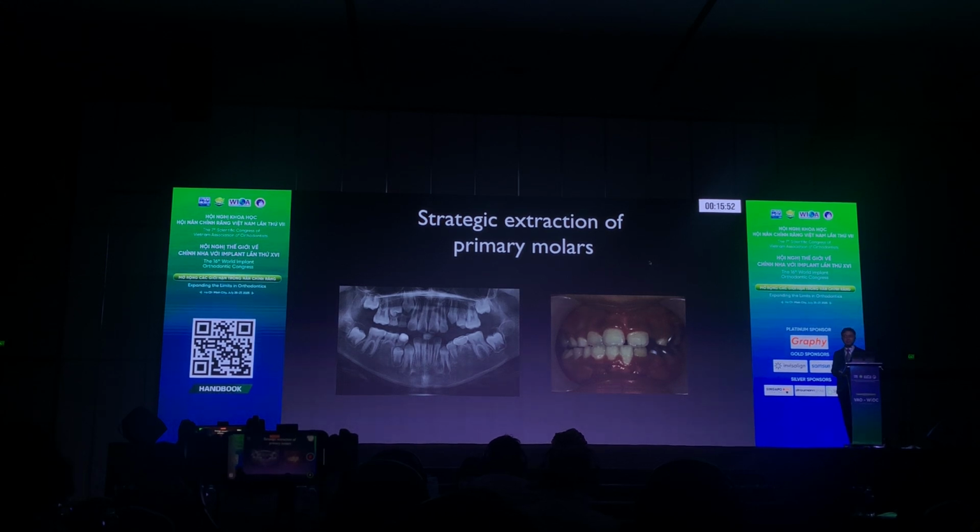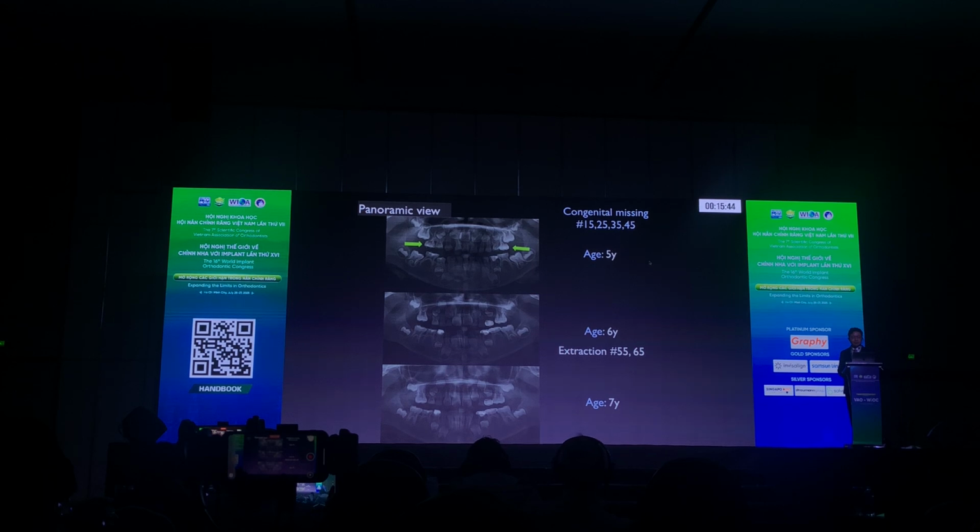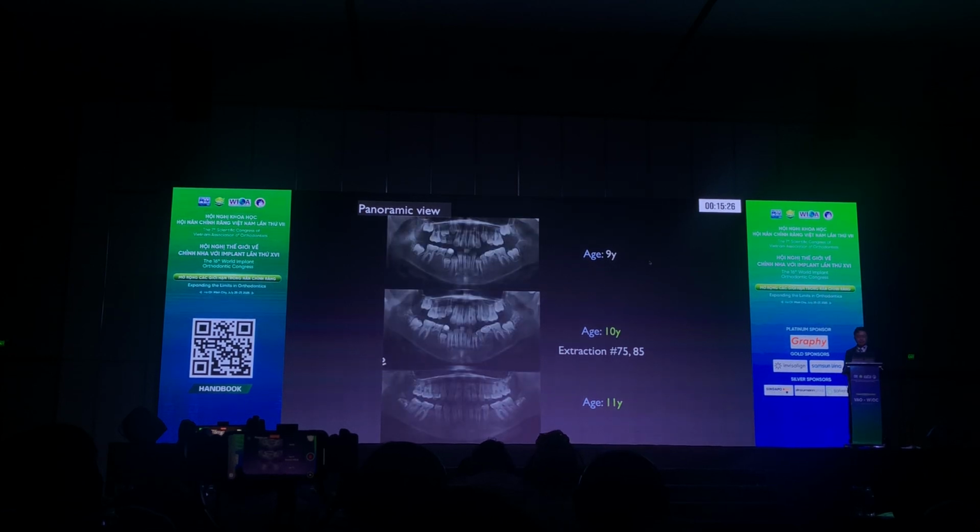So if you decide to extract the primary molar, we need an early decision for the missing premolar. This patient has four premolars missing. The patient came to my office because of molar locking here. So to unlock the impacted molar, we decided to extract the premolar first, and you can see the first molar eruption.